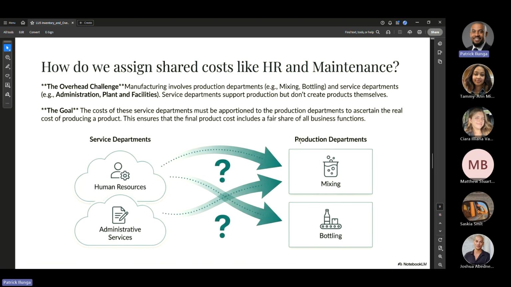Because this is manufacturing, it's production related, it is direct. This is indirect. It has an element of costs that are indirectly related to this. So the whole purpose of part 2 of Learning Unit 5 is how do we allocate this cost to this production? Making sense?